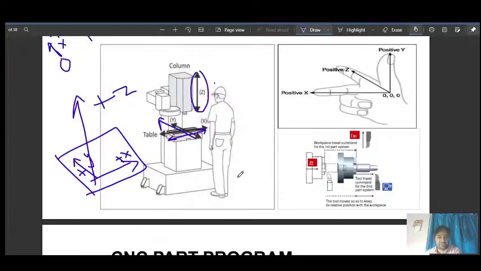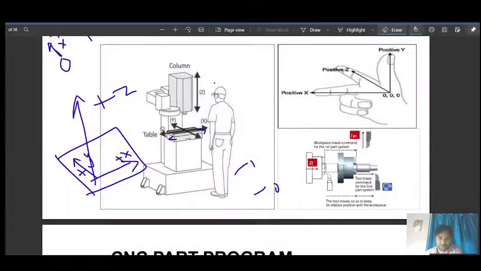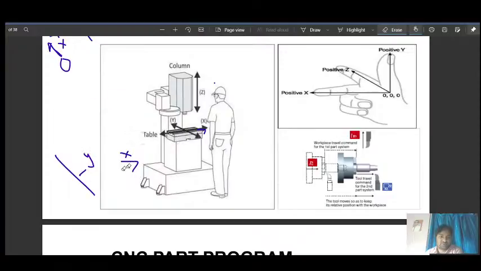Again we also know the fixed zero concept: fixed zero and floating zero. Fixed zero is already defined in the machine.